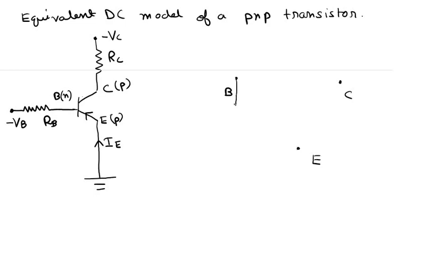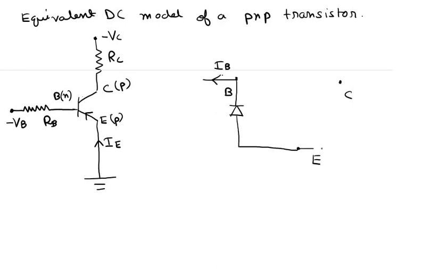So we draw a diode here. And a current IB actually flows out of the base. So write IB here. And then the collector current is actually dependent on the base current or the emitter current.